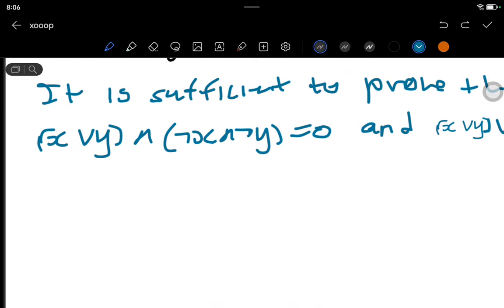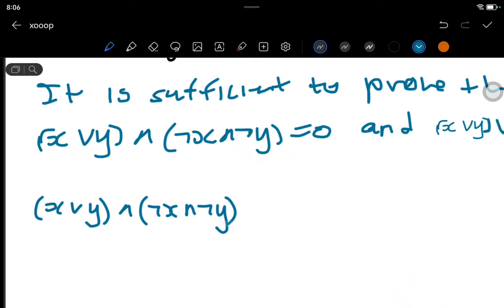So here's the thing, right? When you're proving any of these, let's say we're proving this one. If we want to prove that this is equal to 0, and I want to simplify this, let's say apply the distributive law.